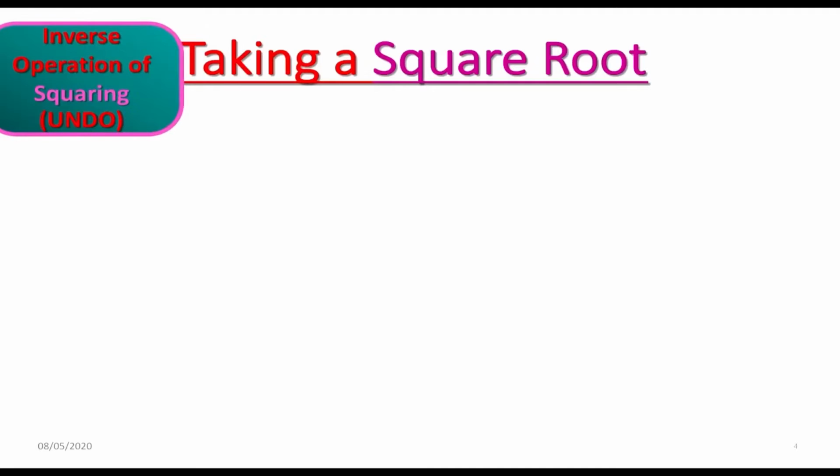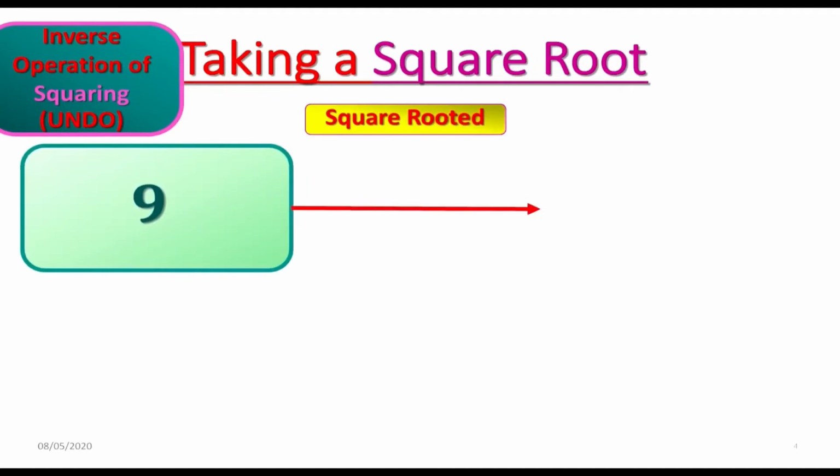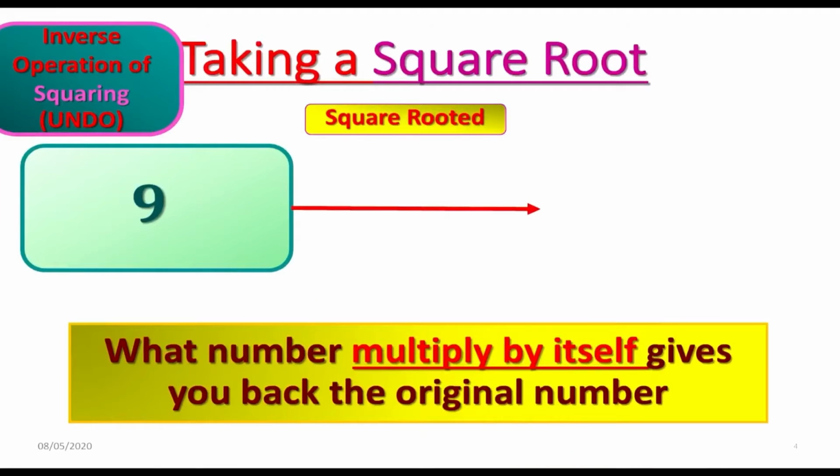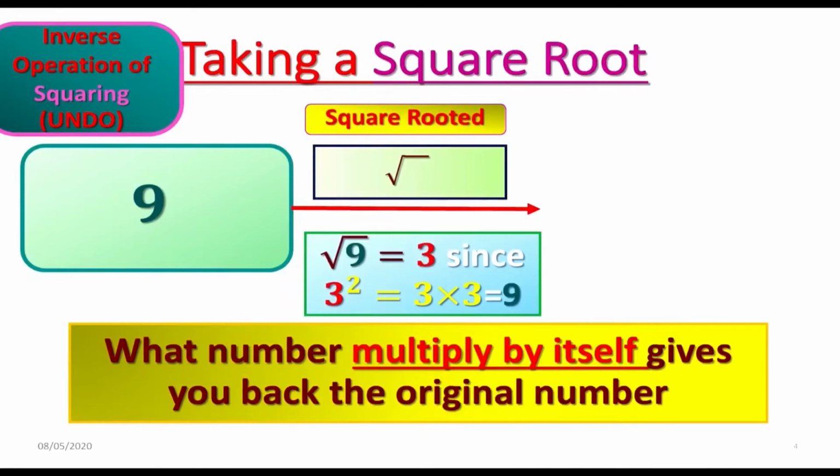Now, let's have a look at taking a square root. Basically, we are going to inverse this squaring process. Say we have been given a number 9. Taking a square root means we are going to find a number that multiplied by itself gives you back that original number 9. This little symbol is what we use to indicate taking a square root.